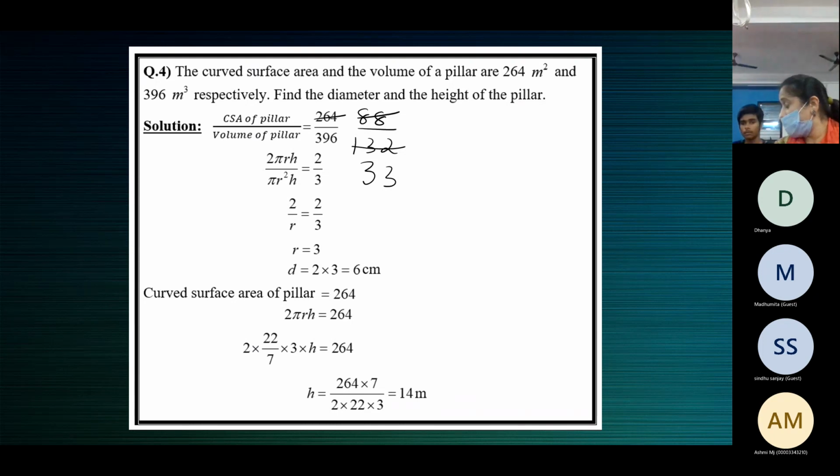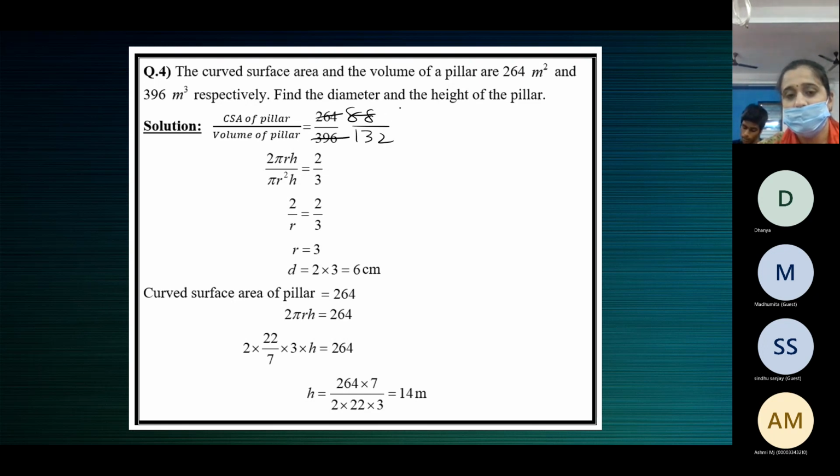What did you do, Raja? You should have cancelled. You just wrote 264 by 396 and left it? No, you should simplify it. 264 is 88 times 3, and 396 is 132 times 3.